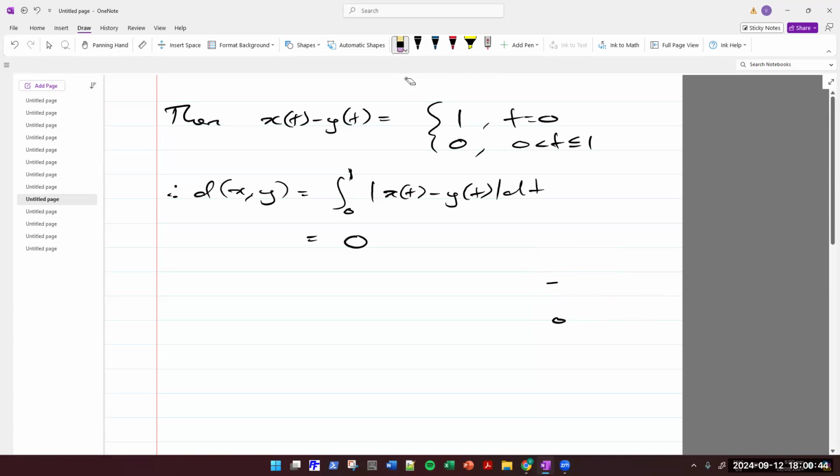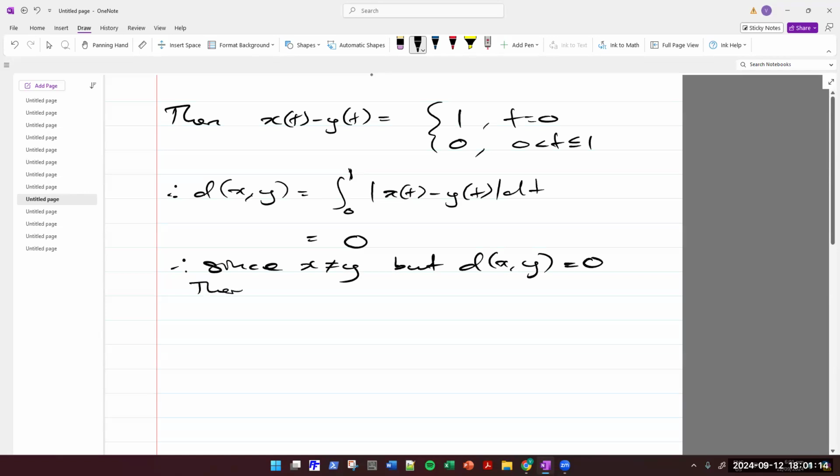And if we want to construct, for example, a metric space, we need to be able to tell those things apart. So therefore, since x and y are clearly different functions, but when I throw those two functions, which are different, into this d function, I get it to be 0.